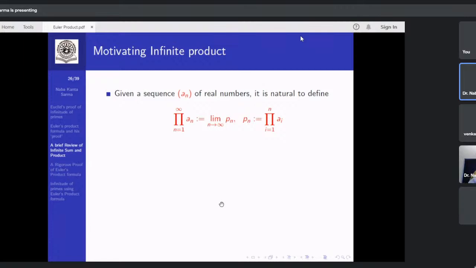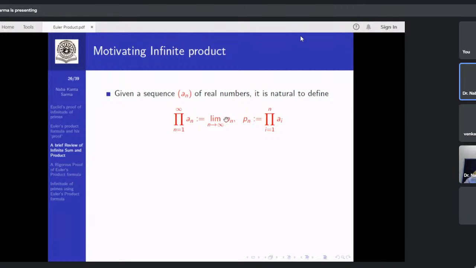Keeping the analogy with the sum, suppose we are given a sequence of real numbers. How did we define an infinite series? First we defined a sequence of partial sums and then took the limit of that. So it is tempting to first define the partial product.